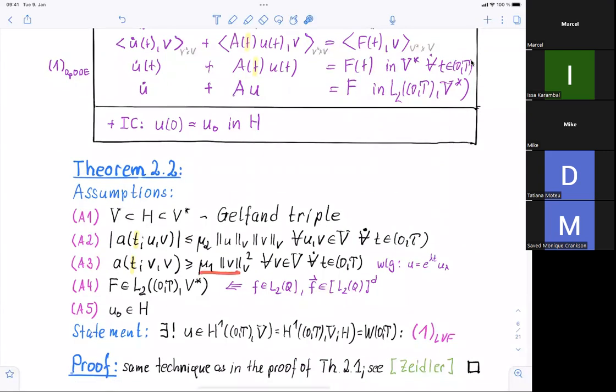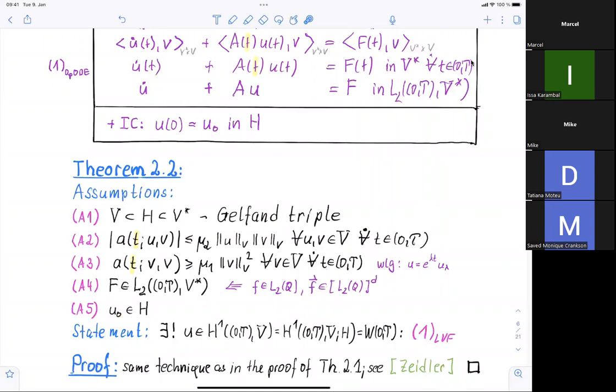By the way, this is not needed, because there's always a so-called, I call it, E-trick. If you make the transformation, you can always obtain, also if you have a big convection part, such an estimate after this transformation. So we can assume this from the very beginning. And the right-hand side must be in the adjoint, in the dual space. The initial condition in H means in L2. So this is already an abstract framework.